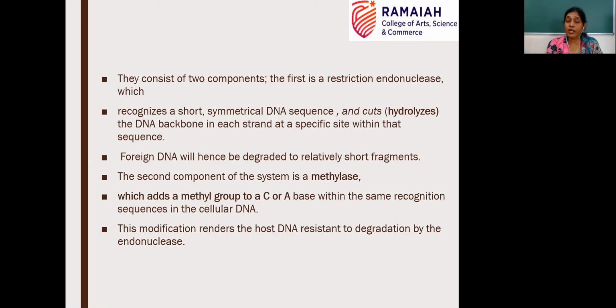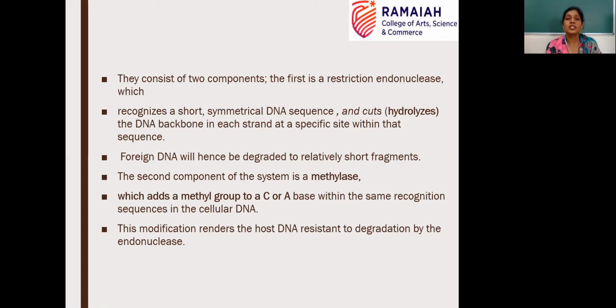And the host DNA should not be degraded by the same restriction endonuclease. So what happens is that the methylase component methylates certain bases in the recognition sequence, and because of this methylation, the DNA becomes resistant to the activity of restriction endonuclease.